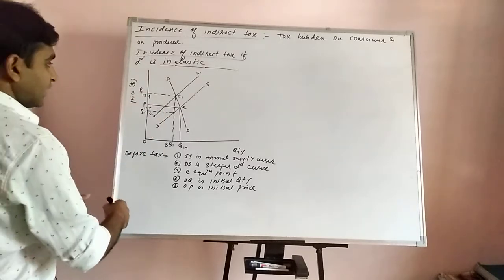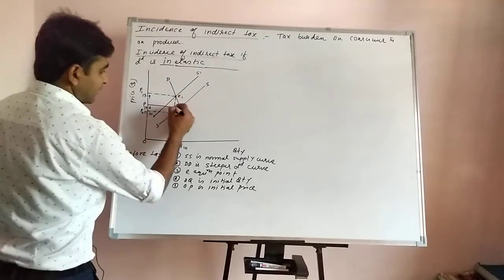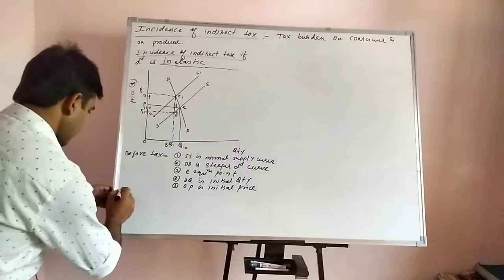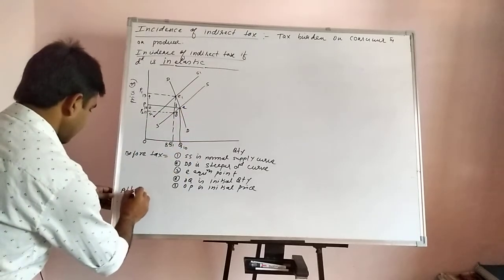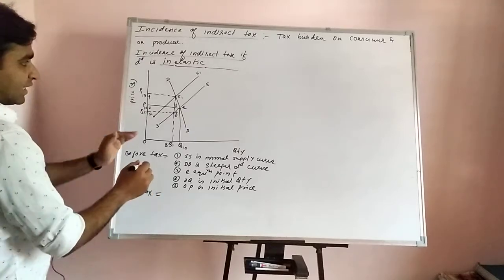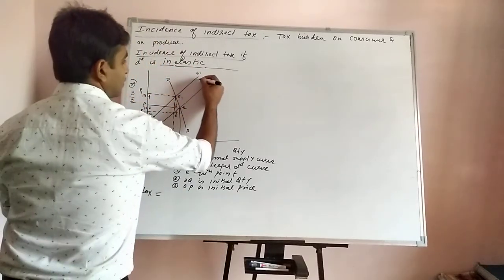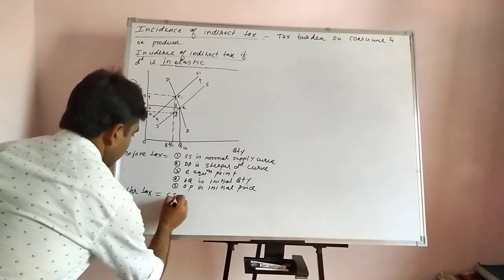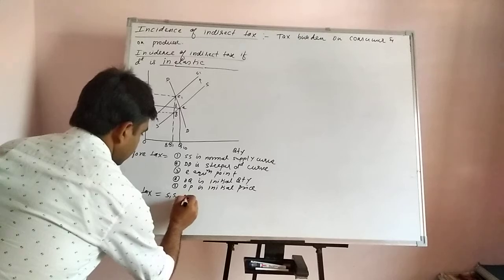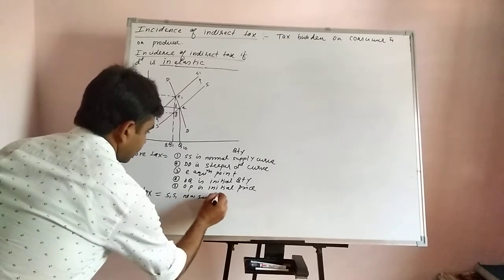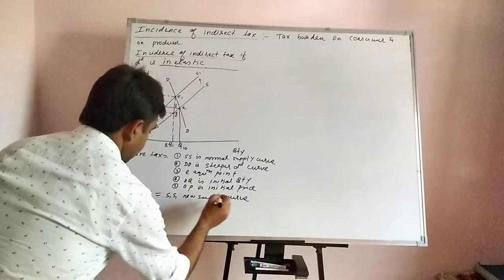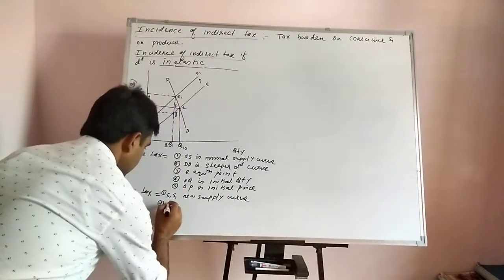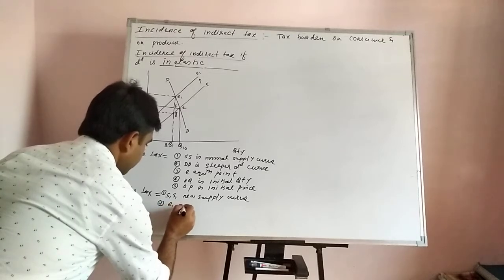Okay, so after tax we'll try to find out. We'll give here some name, say E1, F and G. So what is the situation after tax? After tax, supply curve shifted to left. So we have a new supply curve S1, S1. Second point, we have new equilibrium point E1.